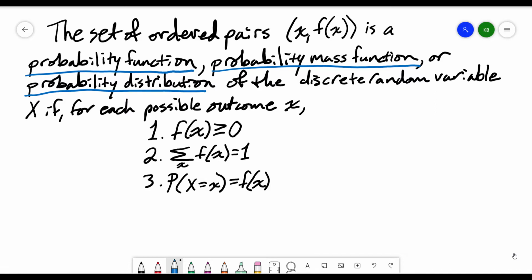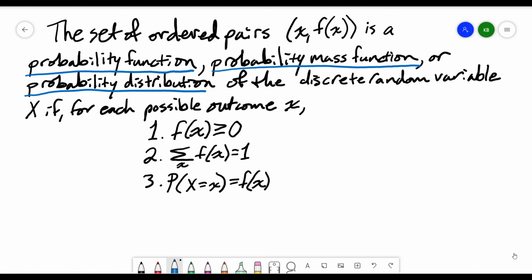Each of them is a set of ordered pairs (x, f(x)), where f(x) is greater than or equal to 0 for all of the x values. The sum over all of the x values of f(x) is going to equal 1, and the probability that our random variable has the value of lowercase x is f(x).